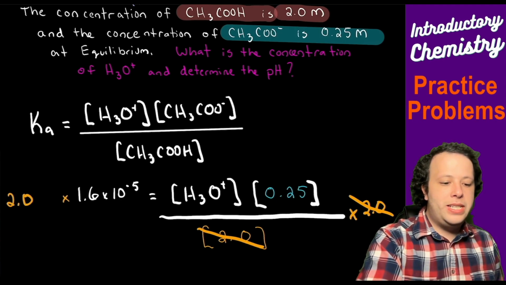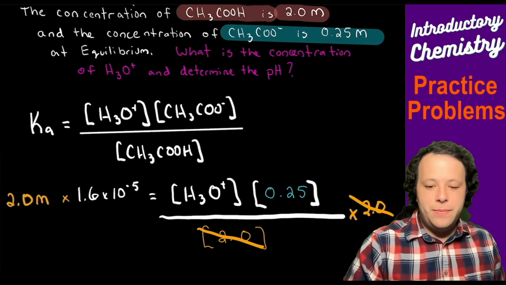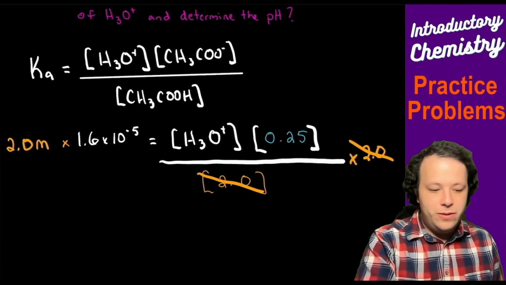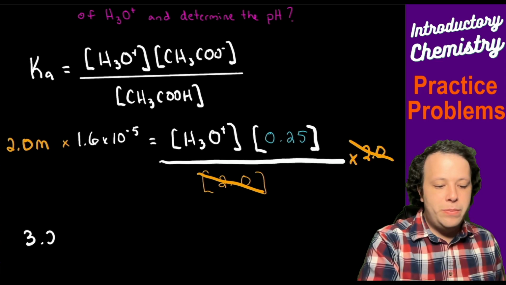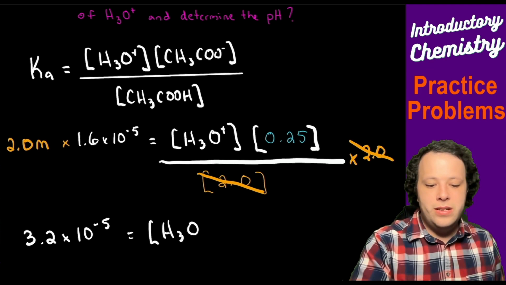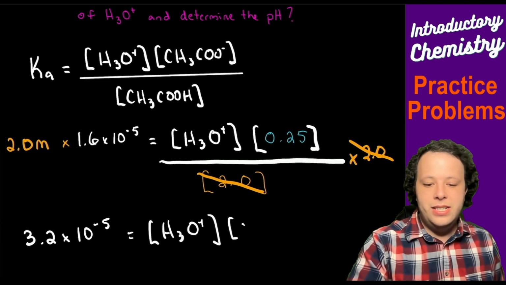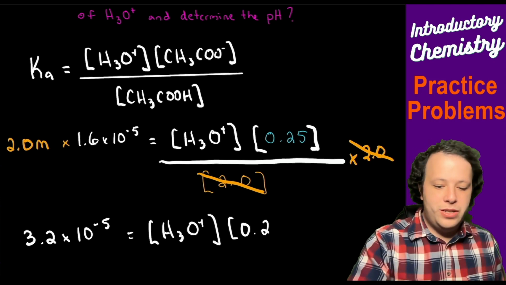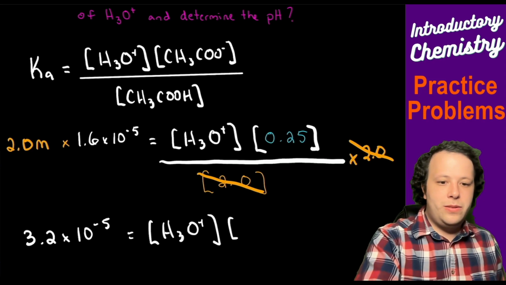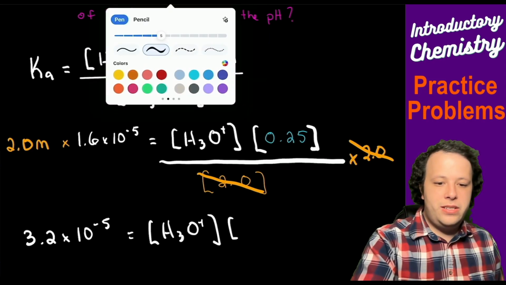So that would be step one. When that happens, 2.0 gets by itself. We can simplify our number on the left. So that would be 3.2 times 10 to the negative fifth is equal to hydronium times 0.25, which was in blue before, so let's put that in blue again.